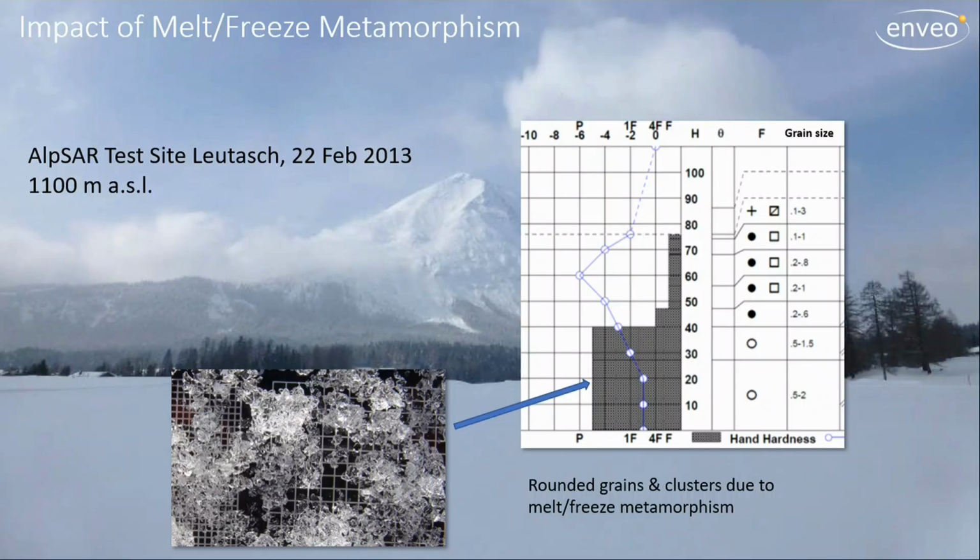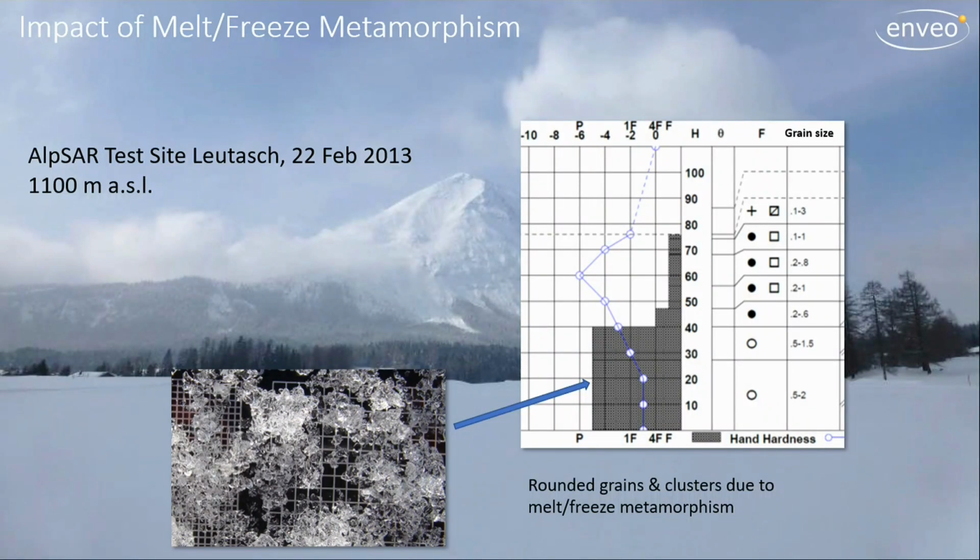When this snow is not melting away, we will finally have a very thick ice layer very close to the ground, which has a big impact. So just remember, snow is not snow. Even on the same day, it will be very, very different. And all these factors have an impact on the interaction with microwaves, which makes it even more complicated.